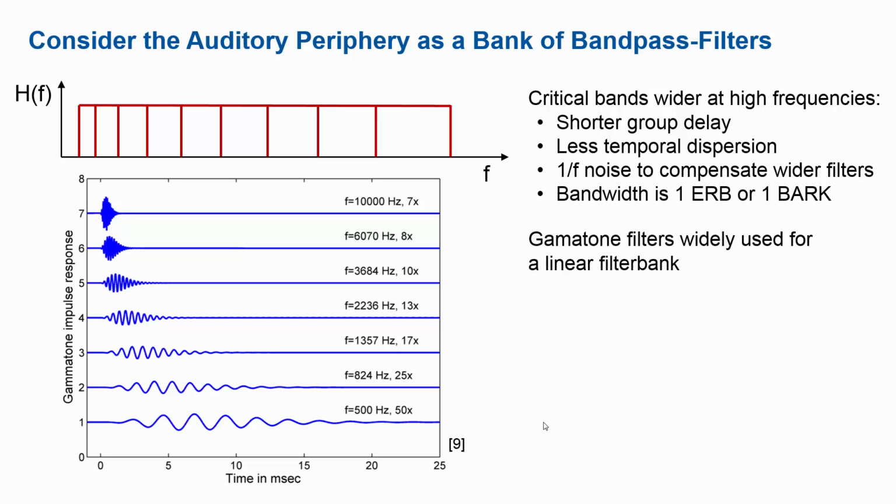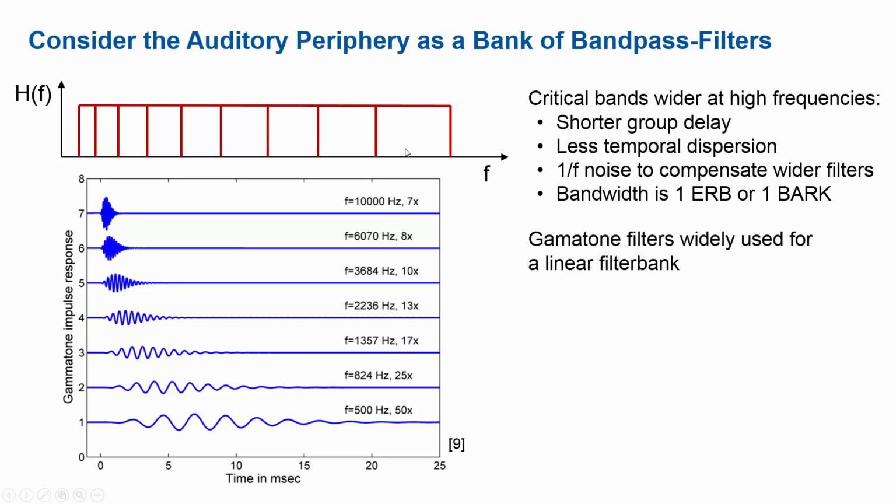It can take several milliseconds for the filter to ring out after you excite it with a click. At high frequencies, the auditory system energy decays much more quickly, temporal resolution in a way is better, at least from the energetic point of view, because the ringing of the filters is much shorter.